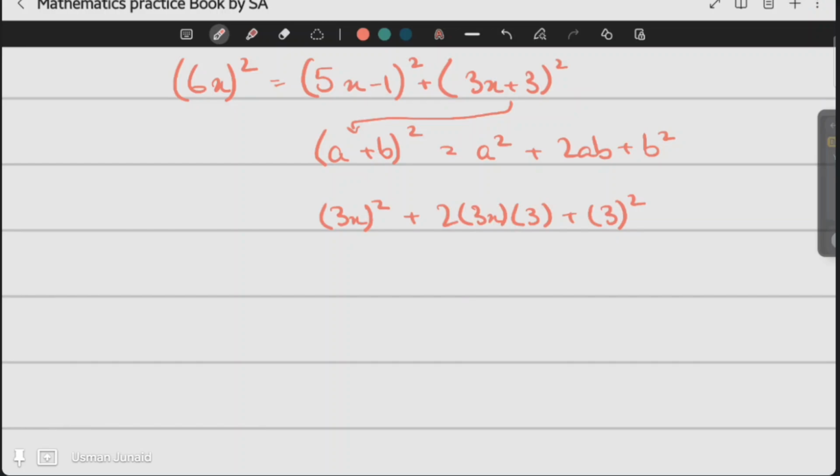Yes. Okay, so when I expand this, this will look like 9x squared plus 2 into 3 is 6, 6 into 3 is 18x plus 9. This is the expansion of this. Understood?